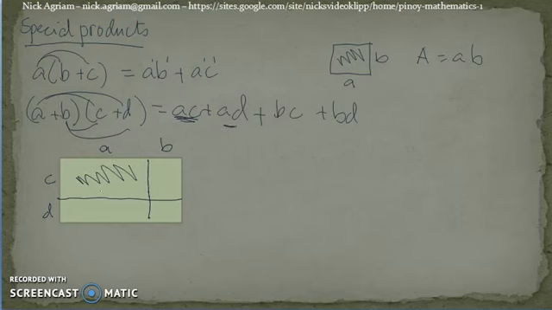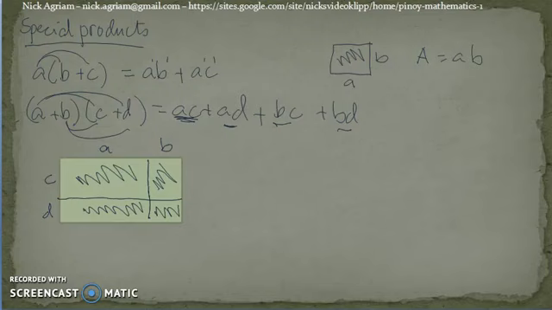AD is this area. And then we have the BC, this area, and the last one, BD, this area. As you can see, when we talk about products of two variables, it is always an area. Remember that. Kasi kailangan nyo yan sa special products.